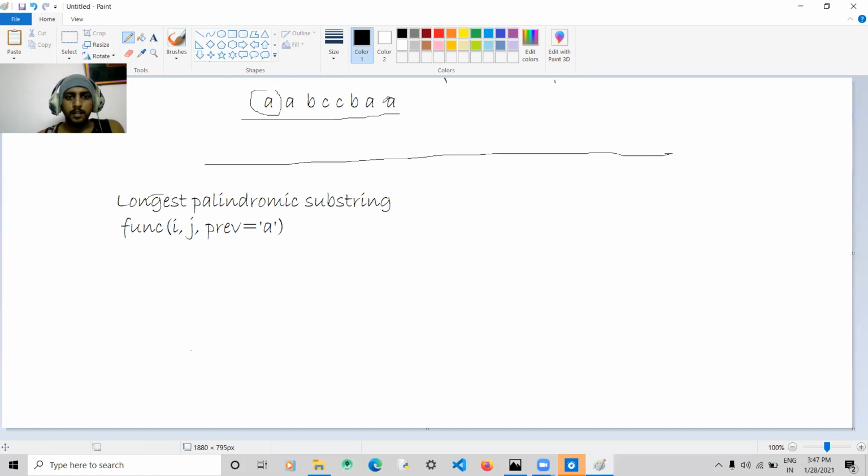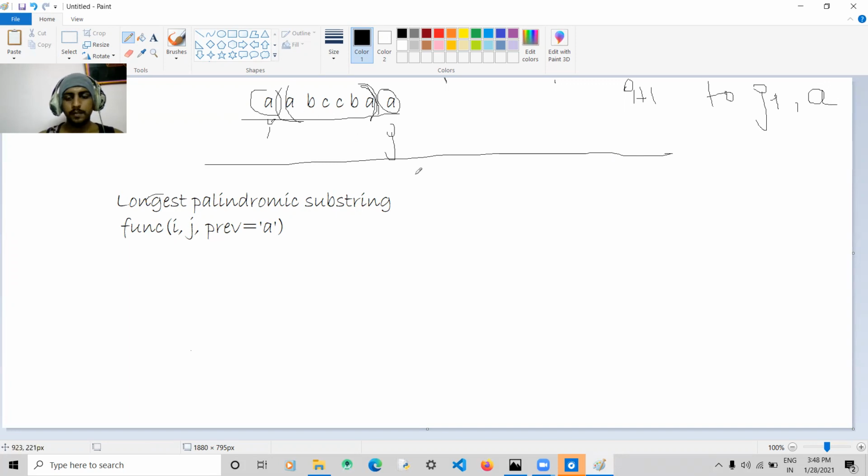What we do is we compare the two last characters i and j, and if they are equal, we say give me the longest palindromic substring in the region from i plus 1 to j minus 1. But here we will also send one more value, that it can't start with a.